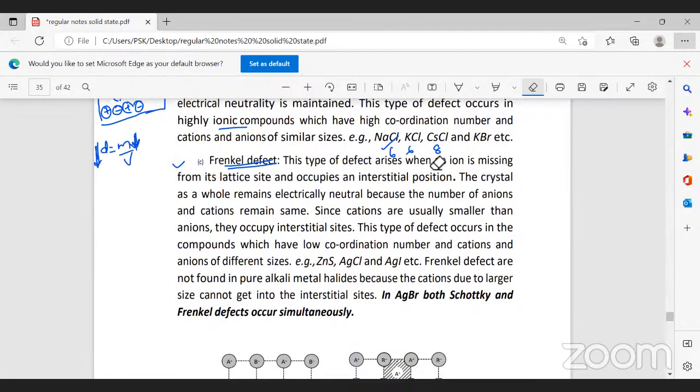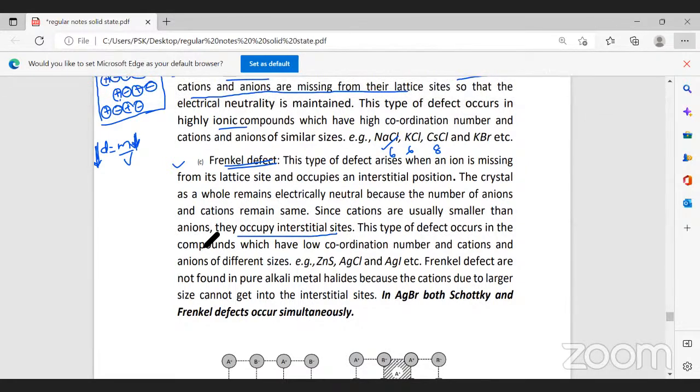This type of defect arises when an ion is missing from its lattice site and occupies the interstitial position. The crystal as a whole remains electrically neutral because the number of anions and cations remains the same. Since cations are usually smaller than anions, they occupy the interstitial position. This type of defect occurs in compounds which have low coordination number, less than 6.